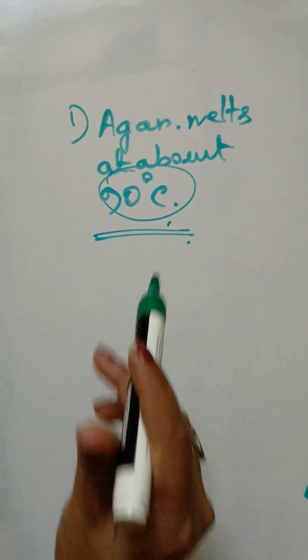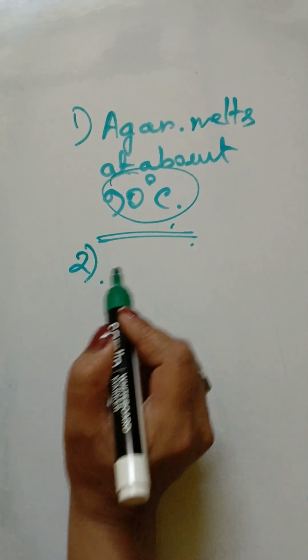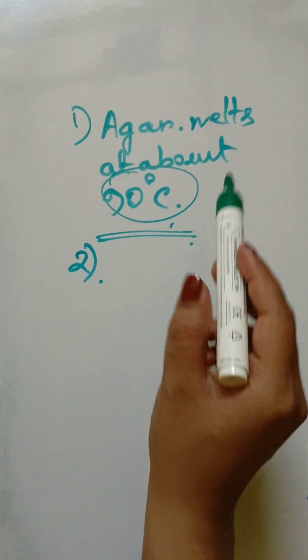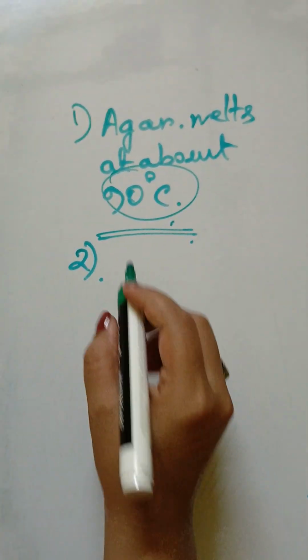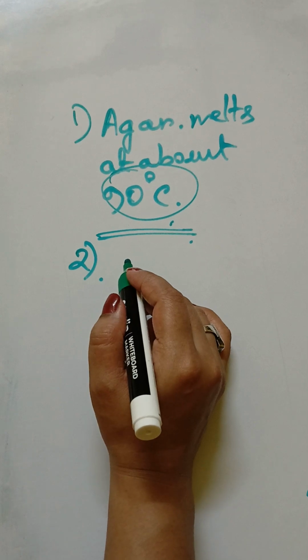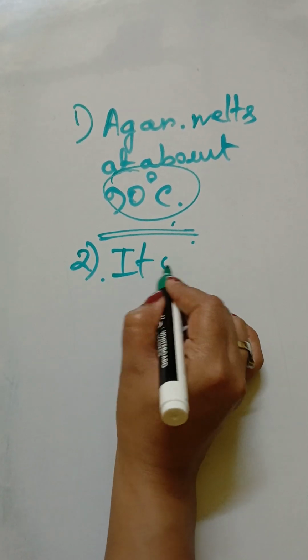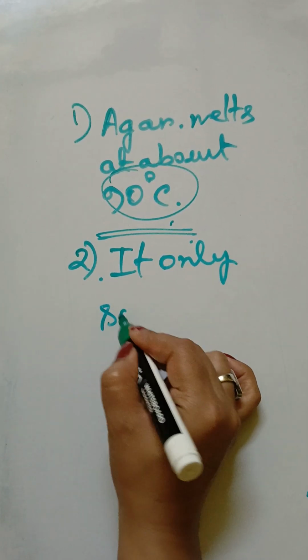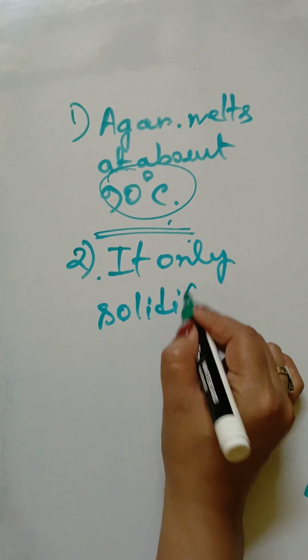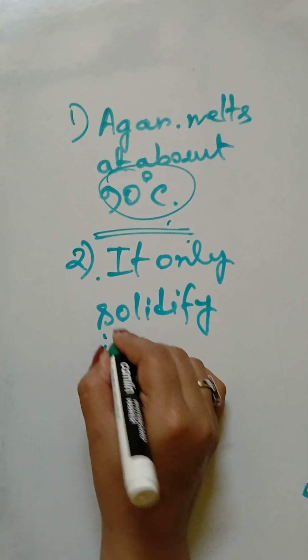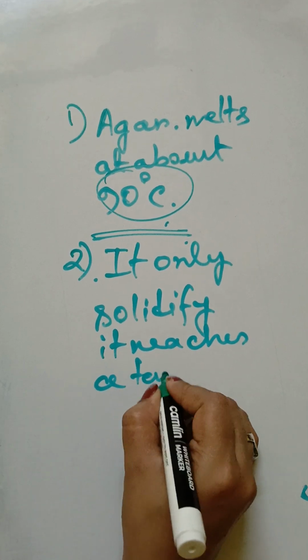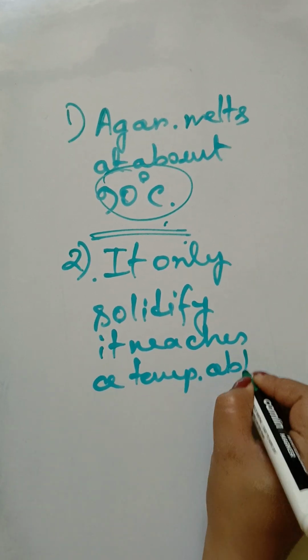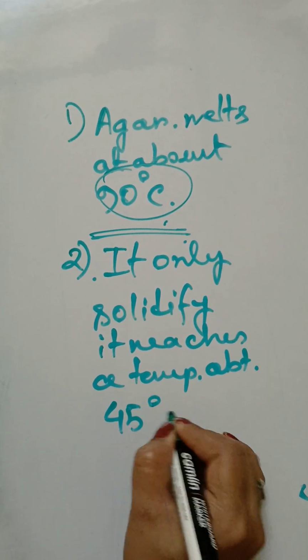Now the second one is, as it is not easy to melt the agar, it is also true that once the agar is melted, it only solidifies when it reaches a temperature of about 45 degrees centigrade.